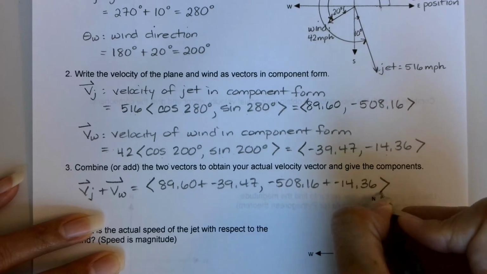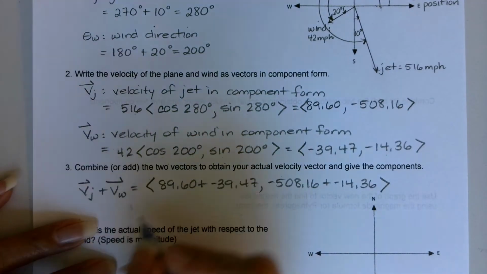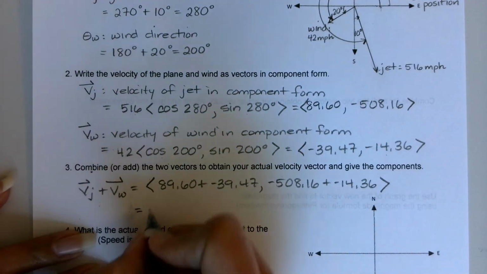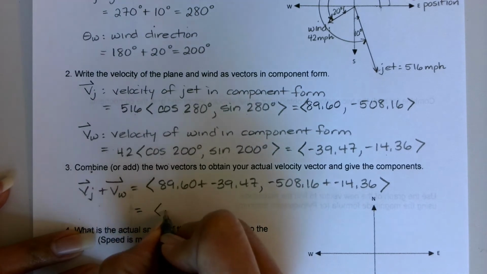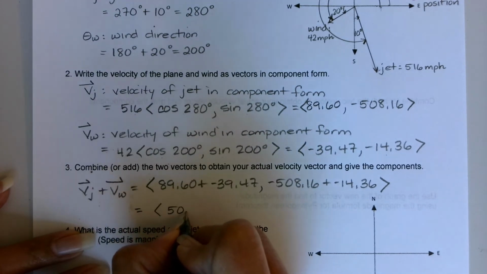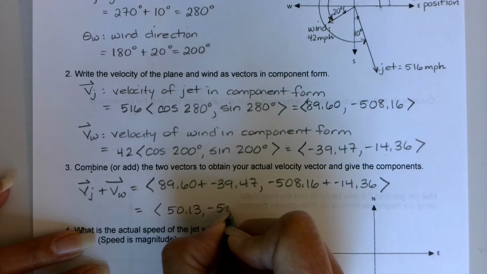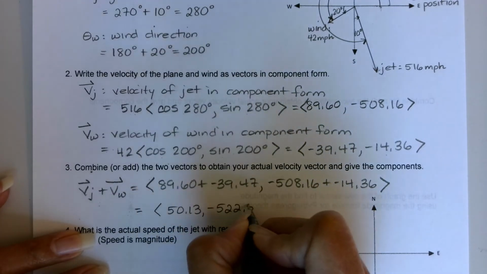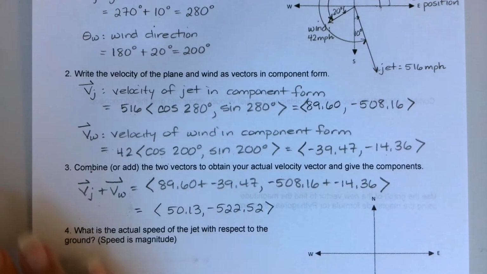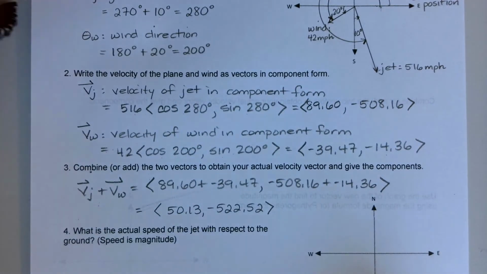Think of it as adding like terms, okay? So once you put that into your calculator, you'll end up with the answer 50.13, comma, negative 522.52. Okay? So what does that mean?